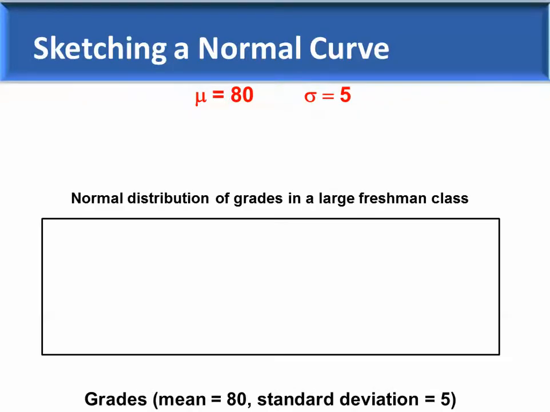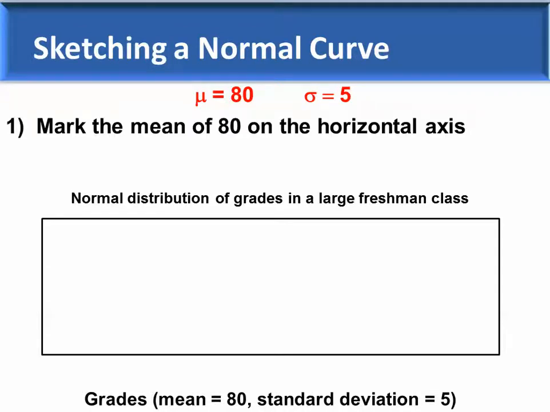And we normally draw these in a box. Not exactly sure why they're always in a box, but we tend to draw them in a box. Label the top of this, normal distribution of grades in a large freshman class. And on the bottom, we're just saying that the bottom is representing the grades with a mean of 80 and a standard deviation of 5. So those are the labels we'd put on a standard normal curve graph.